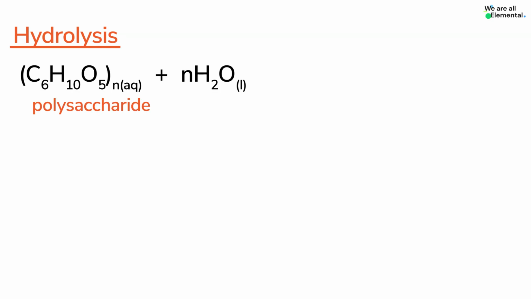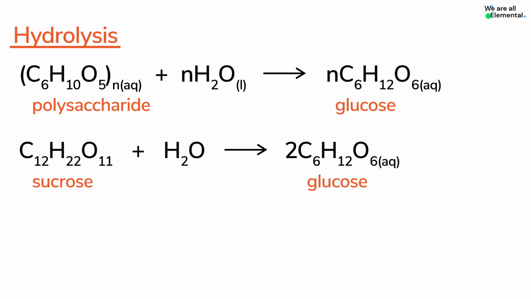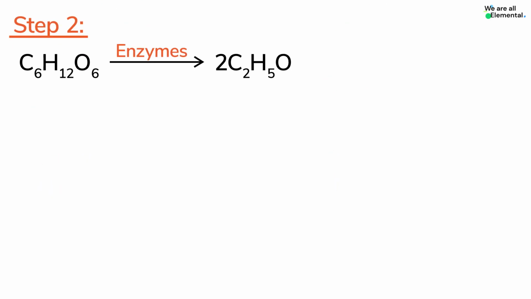So this process is called hydrolysis. Hydrolysis of polysaccharides or disaccharides like sucrose yields glucose. And then the enzymes act on glucose to produce ethanol and carbon dioxide.